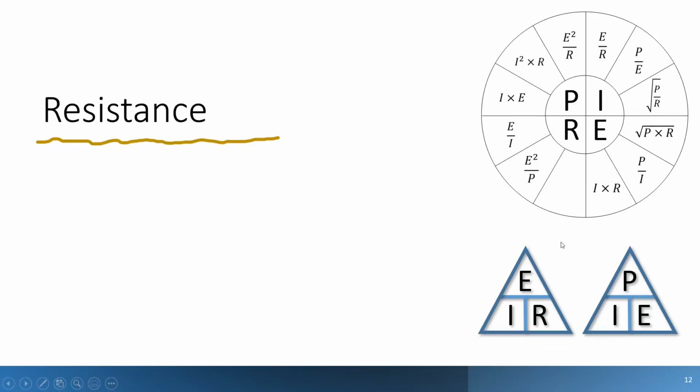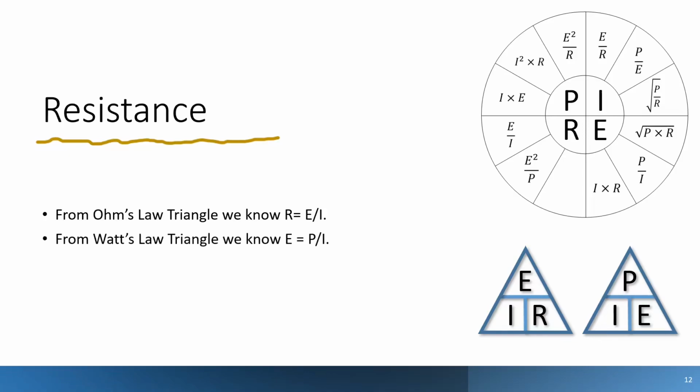Now we only have one more left. From Ohm's law triangle, we know R equals E divided by I. And from Watt's law triangle, we know that E equals P divided by I. So we're going to substitute this in for the numerator in this equation. So P divided by I is in the numerator, divided by I. We're going to do that same math function where we invert the denominator and then multiply it times the numerator.